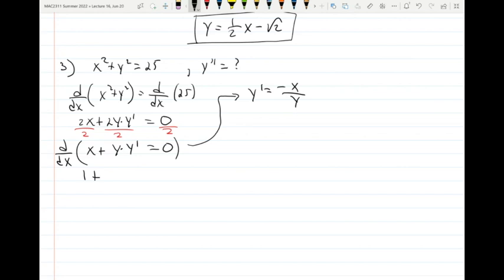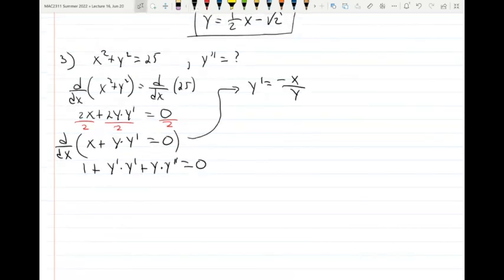So what's the derivative? Y prime. Y prime times the second function. What's the second function? Y prime. Plus the first function times derivative of the second function. What's the second function? This is y prime, so derivative is y double prime. Do you understand this? Equals 0.